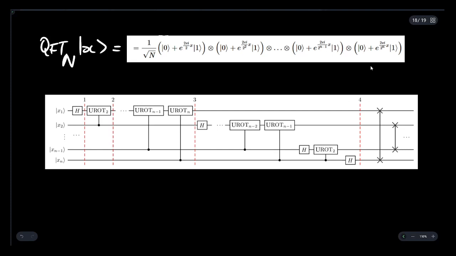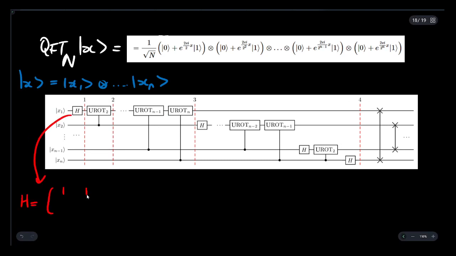Finally, let's take a quick look at the circuit that actually performs this Fourier transform. While this may look pretty intimidating at first, we actually have all the tools to understand what's happening. On the left, we have our decimal number x being converted into binary bits x1 up to xn. Then we can read the circuit from left to right.